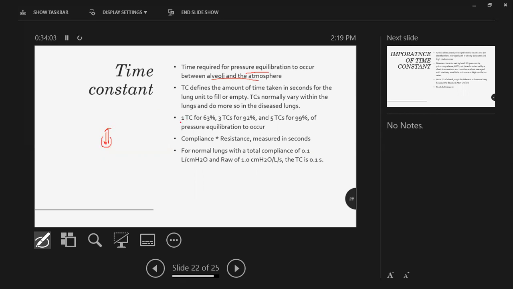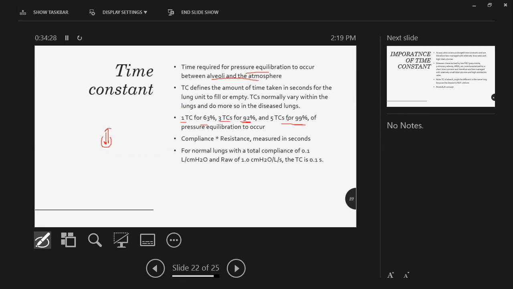Normally, one time constant is 63%. Three time constants is 92%, meaning a single unit is 92% filled. Five time constants is 99 to 100%, so 99% of the volume of the alveoli is equilibrated with that of the atmosphere.